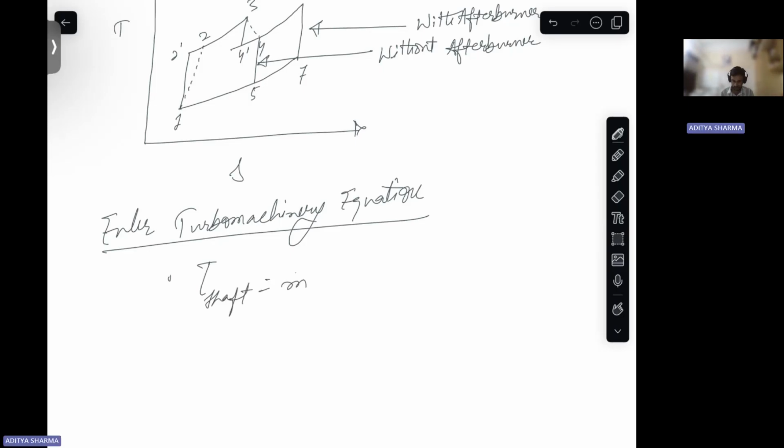So this is mass flow rate times (r2 Cw2 minus r1 Cw1), where w is for the whirl velocity. Whirl velocity means tangential velocity.